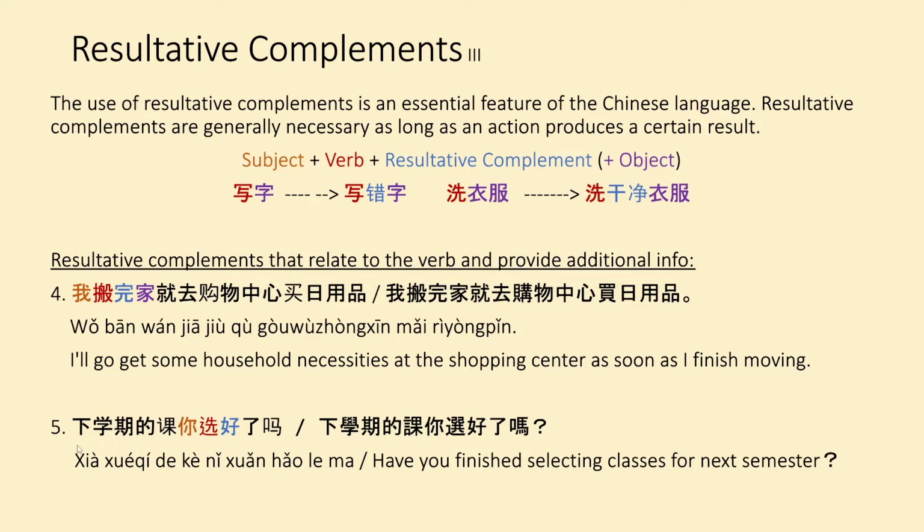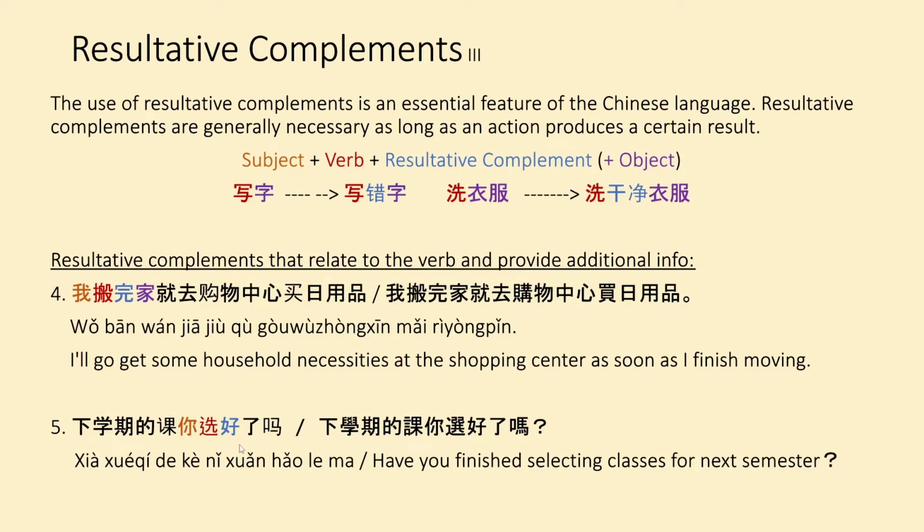For example 5, 下学期的课你选好了吗? Have you finished selecting classes for next semester? And here we see that the resultative complement 好 is describing the action of choosing classes, 选课.